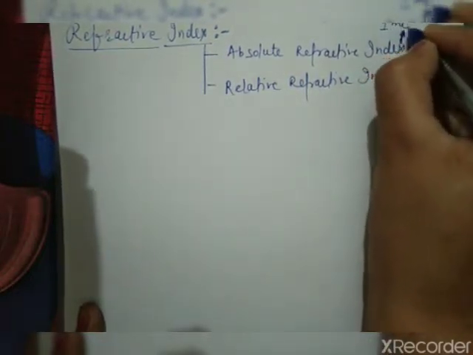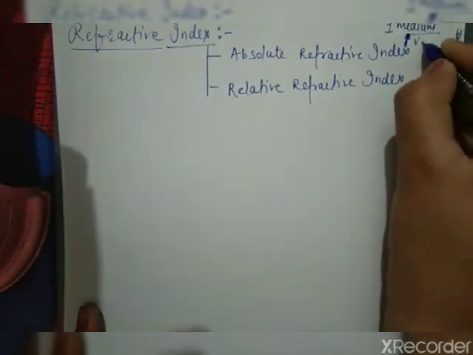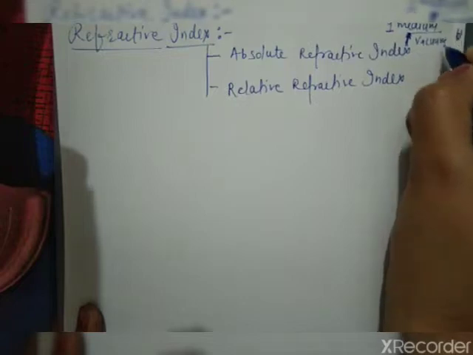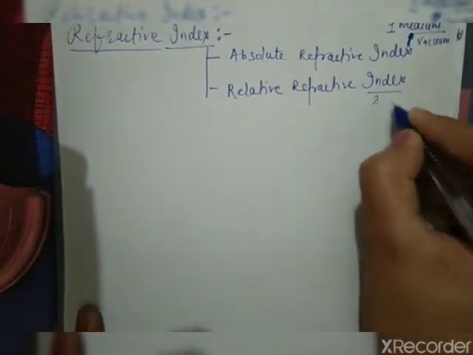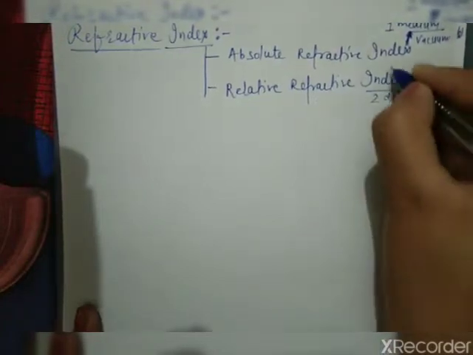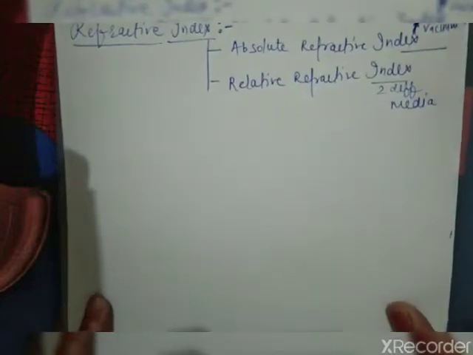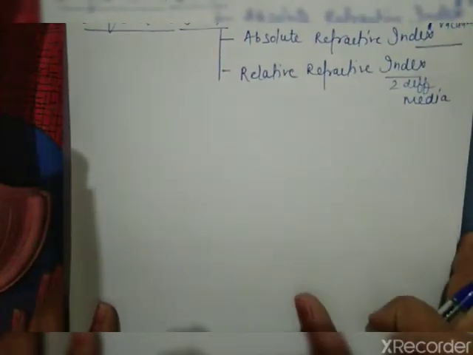It means a single medium is compared with the ideal one, that is vacuum. But in relative, we compare two different media. Up to this section we have done in my previous video.